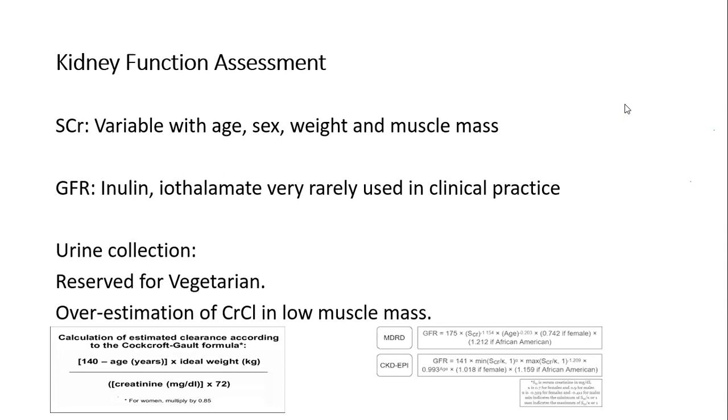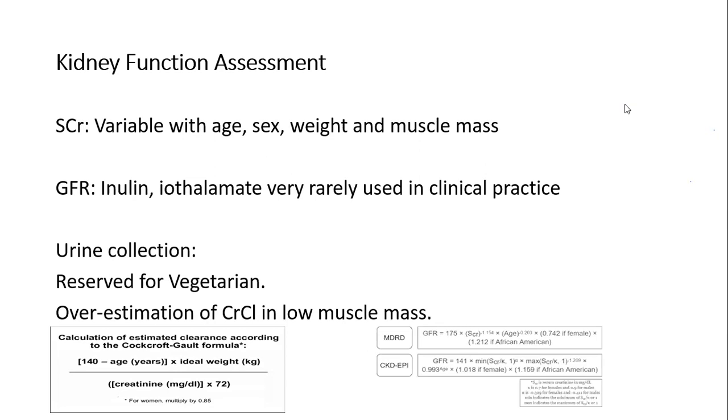The limitation of MDRD is that it's not accurate for a GFR of more than 60 mL per minute. In that case, you always use the CKD-EPI formula. The limitation of CKD-EPI is the strength of MDRD: it's not very accurate at a GFR less than 60 mL per minute. So in that case, you use the MDRD formula.